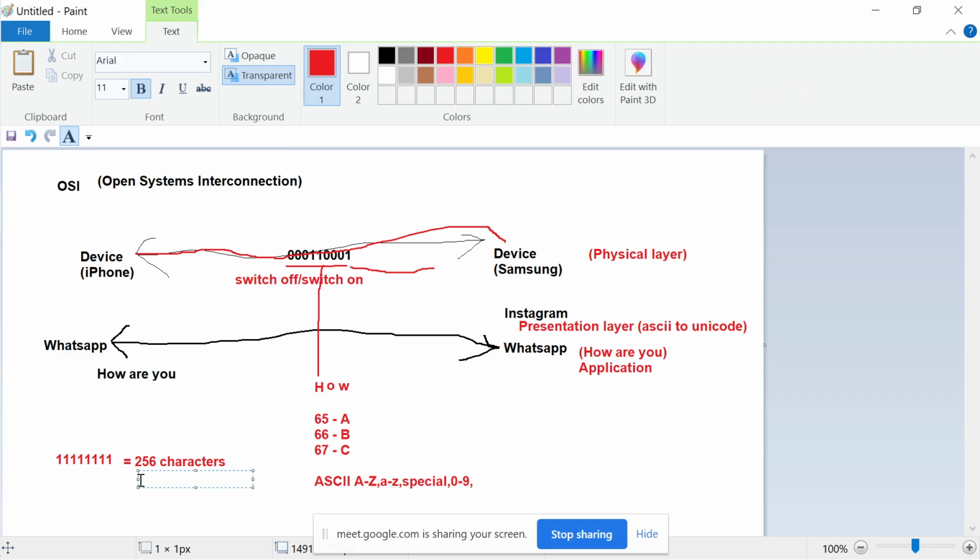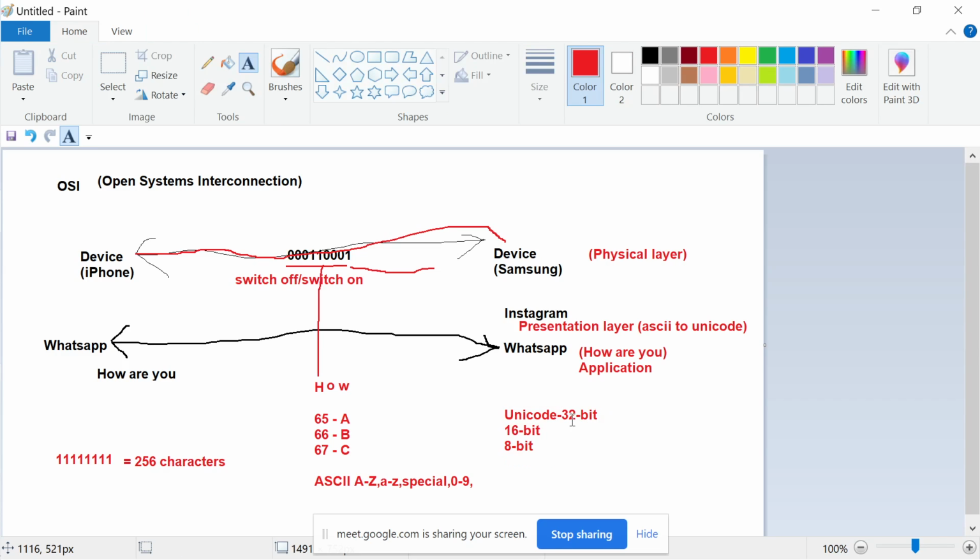But do we have only 256 characters in the world? There are Chinese characters, there are Sanskrit characters, there are so many languages. If you want to write in those languages, how do you represent those characters? That is where Unicode comes into the picture. With Unicode, you can have a bigger length, like a 32-bit Unicode, a 16-bit Unicode, an 8-bit Unicode. The more bits you use, the greater the character set.